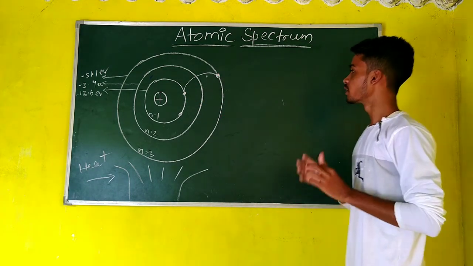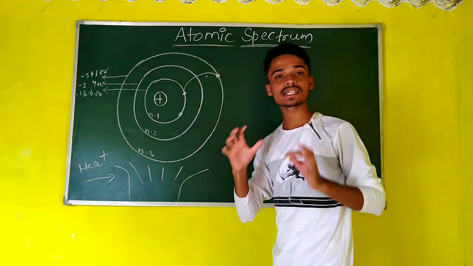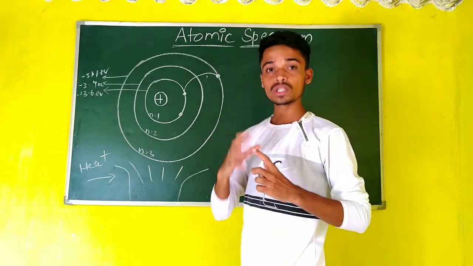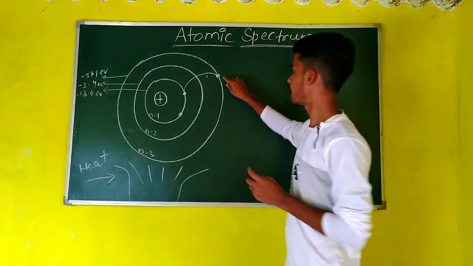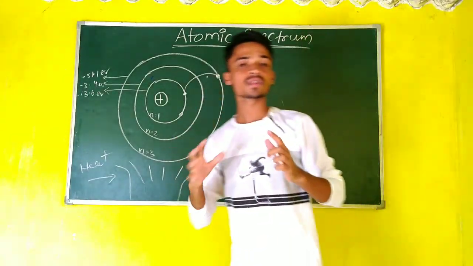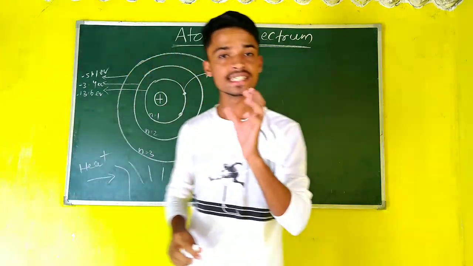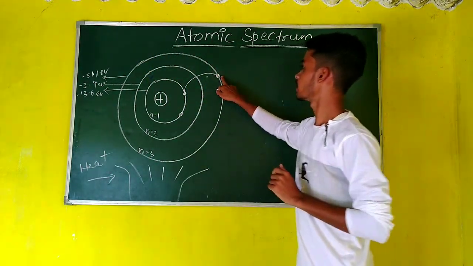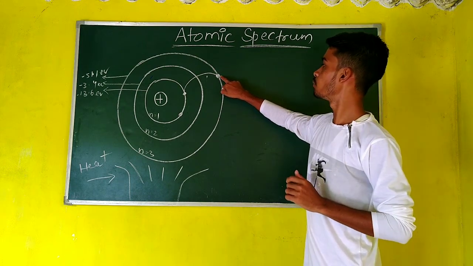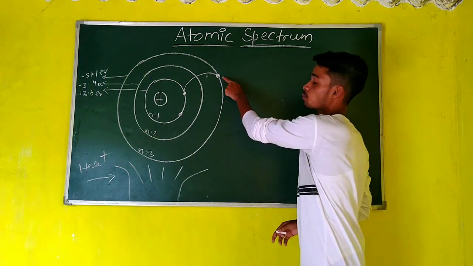But the electron tries to stay in a lower energy level. This is a higher energy level, so the electron tries to remain in the lower energy level. Because of this reason, the electron cannot stay in this position.